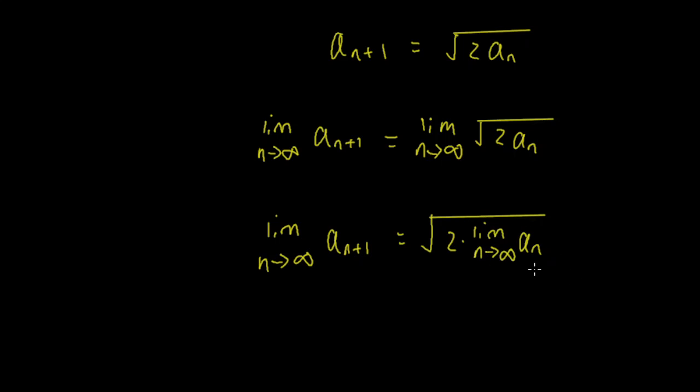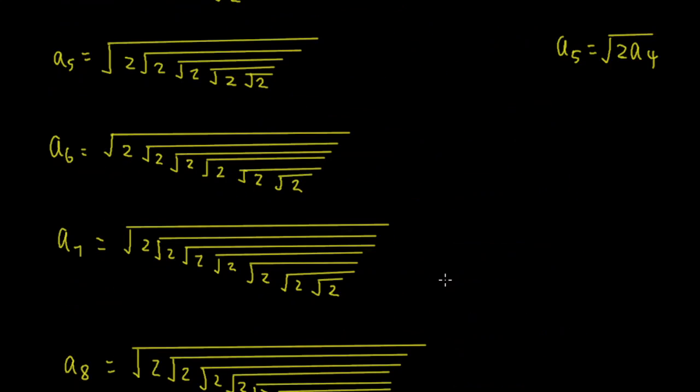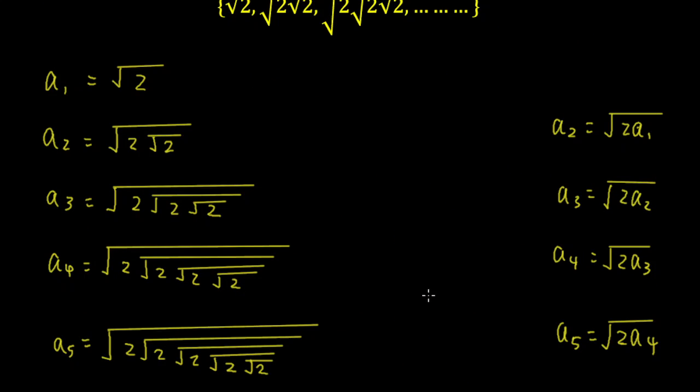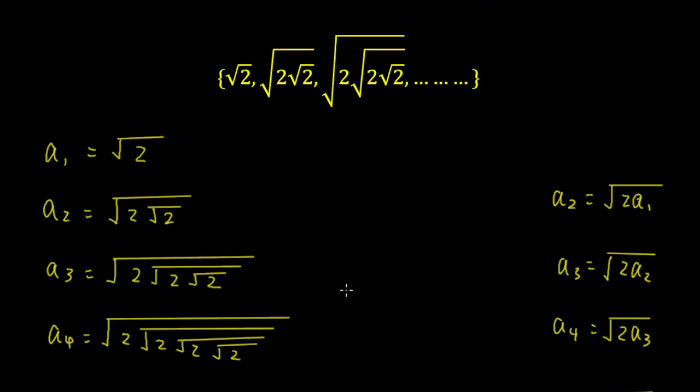Now, at this point, we don't have enough information to calculate or figure out what the limits are here, right? So what do we need to do next? We need to calculate the value of the first few terms and see what the behavior of the sequence is like, okay? So if you put in the calculator, a of 1, which is square root of 2, is approximately equal to 1.41, okay?